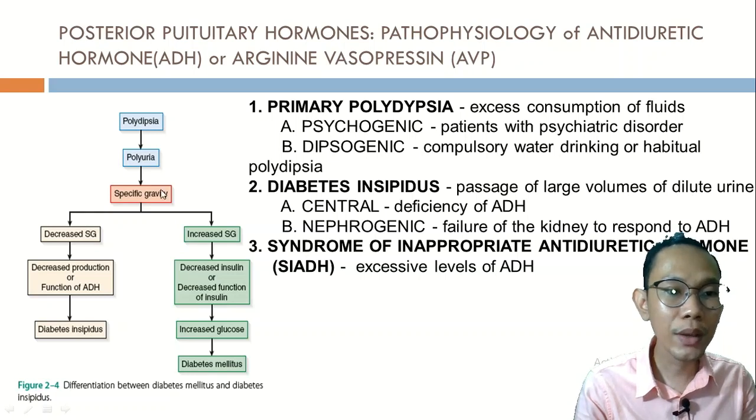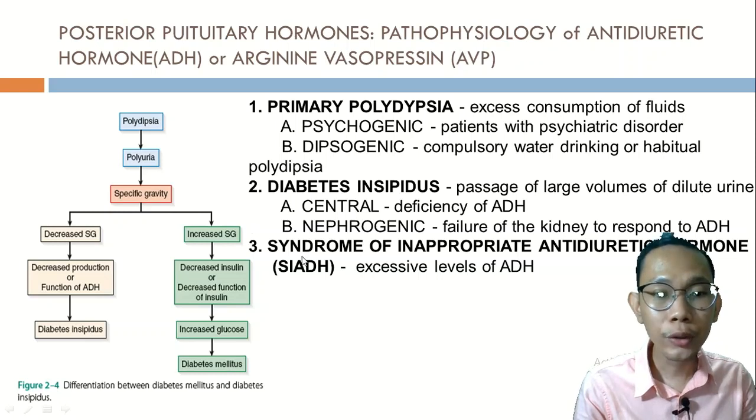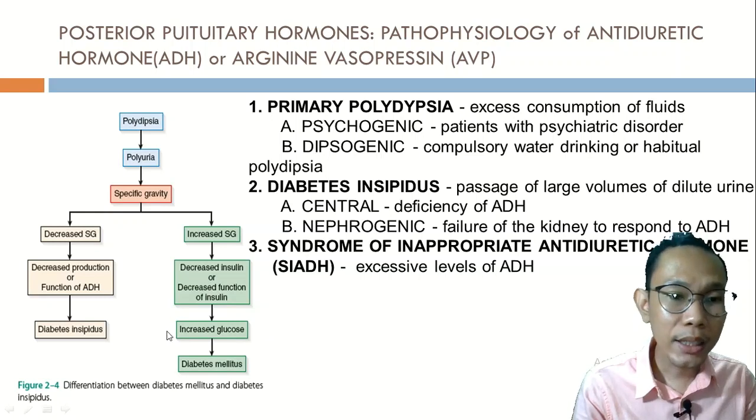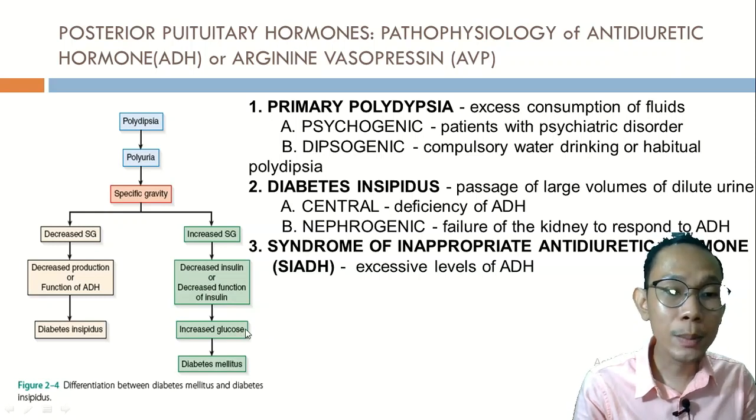Through your specific gravity. Decreased specific gravity in your diabetes insipidus because of decreased production or function of your antidiuretic hormone. How about in your diabetes mellitus, doc? Increased specific gravity because of decreased insulin or decreased function of insulin. There is increase in glucose. The increase in glucose will be the one responsible for increasing your specific gravity.